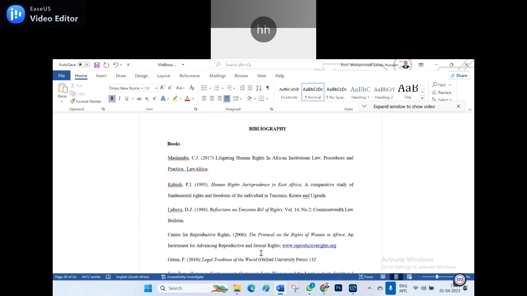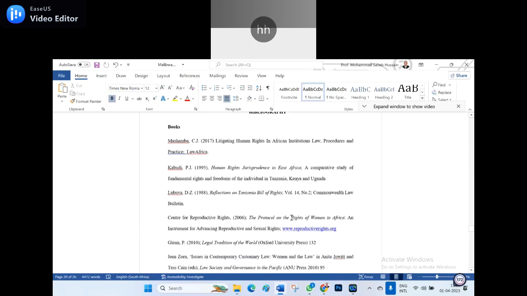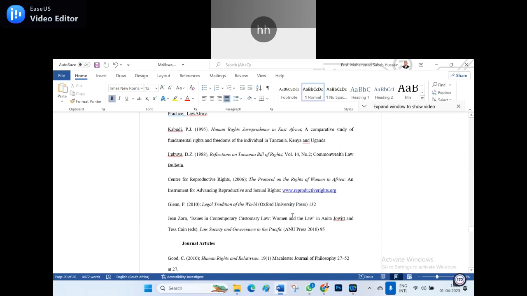Again, I told you that the title of the book should be in italics. Yeah, that is a more important factor. Again, the name of the place of publication, the name of the publisher, who published it. That should be an important factor.